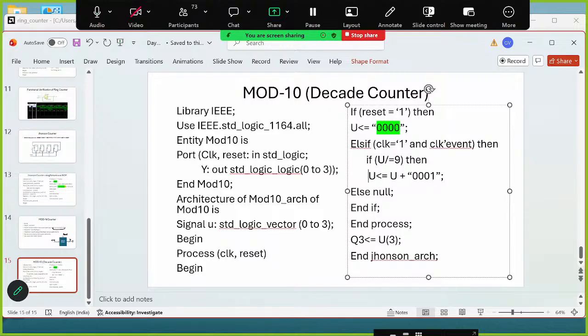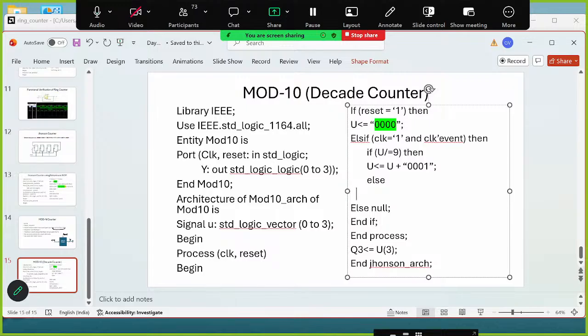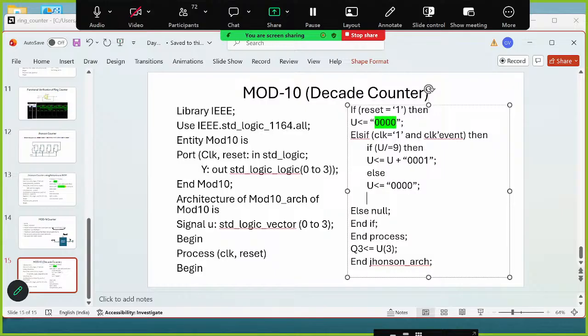Else, when it becomes 9, I want this u to be reset again to 0 0 0, right? And if I'm ending this if, the rest of the things are the same.